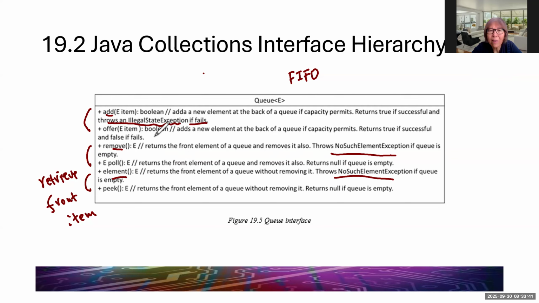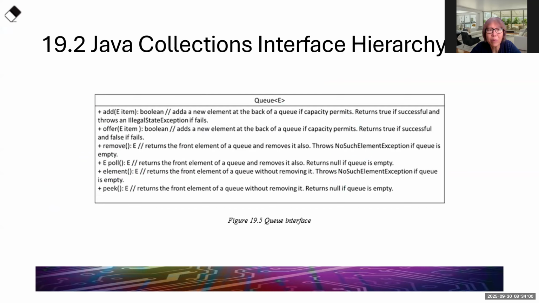And for the other three, it will just return true or false. Okay. So that's the difference. So when you select which one you want to use, it depends on whether you want to throw an exception or not.